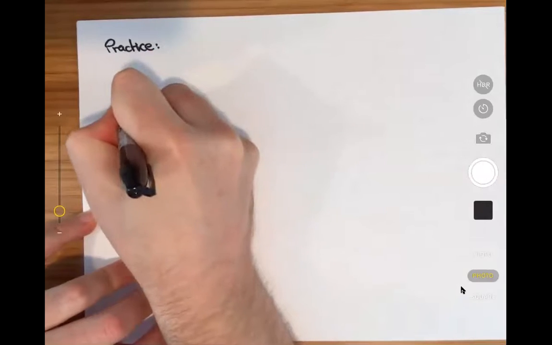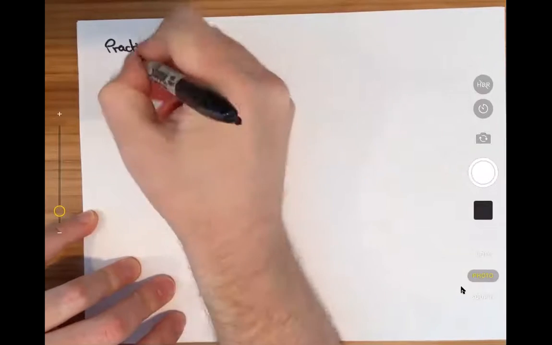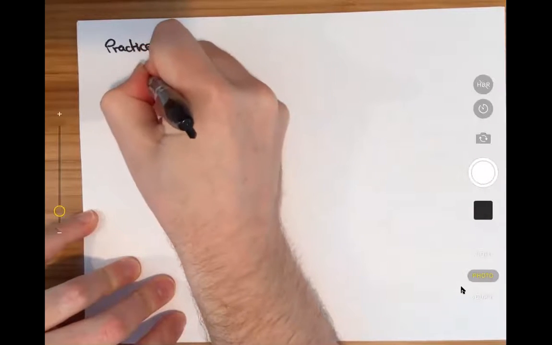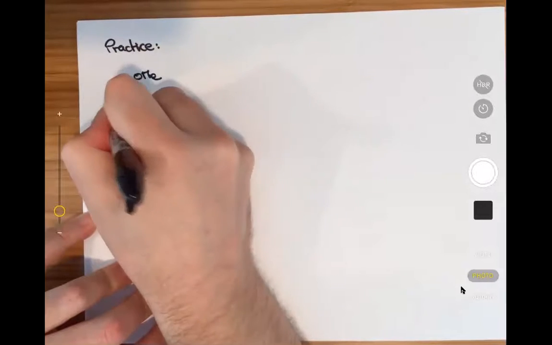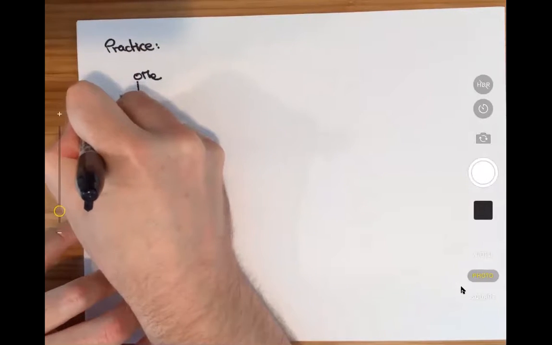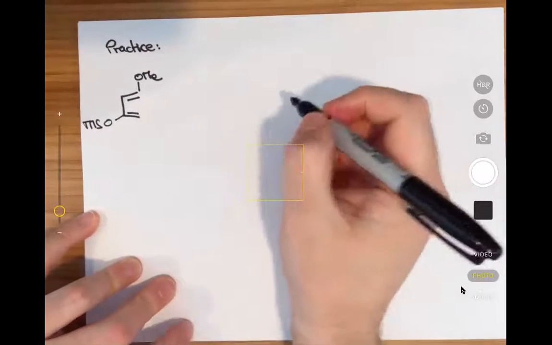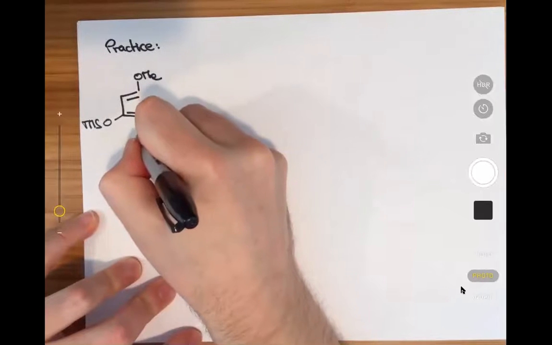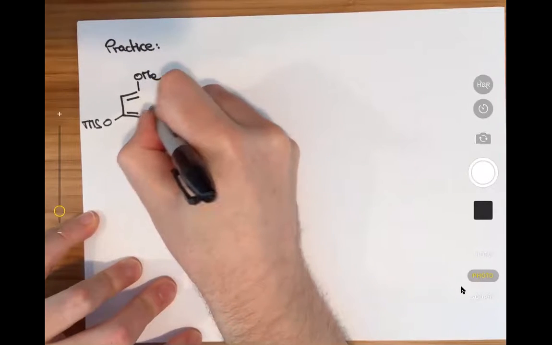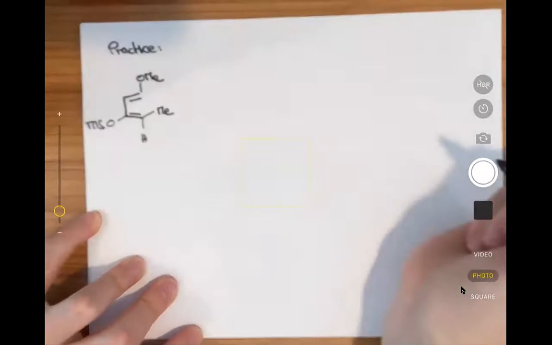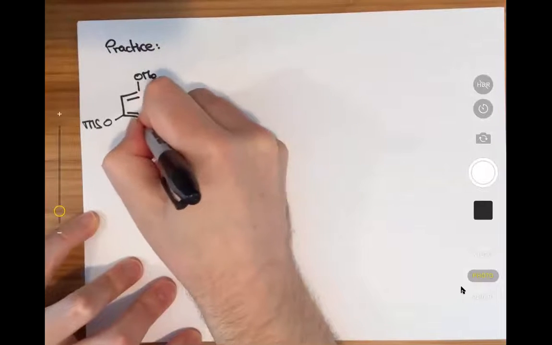So we're just going to pick something that looks like this: OMe, OTMS, so it's a trimethylsilyl group. And then here I'm going to have a hydrogen and a methyl group. So it's a higher substituted system here.